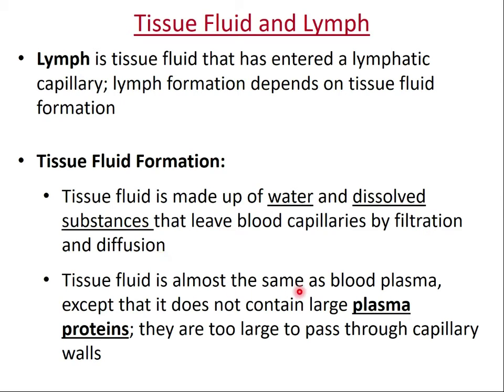Tissue fluid is very similar to blood plasma, except it does not contain the large plasma proteins. We discussed several plasma proteins within the blood vessels that help maintain the tonicity, help maintain the pressure needed to keep the fluid within the vessels. They are not found in this fluid that's in the interstitial space. Apart from that, it's very similar to blood plasma.